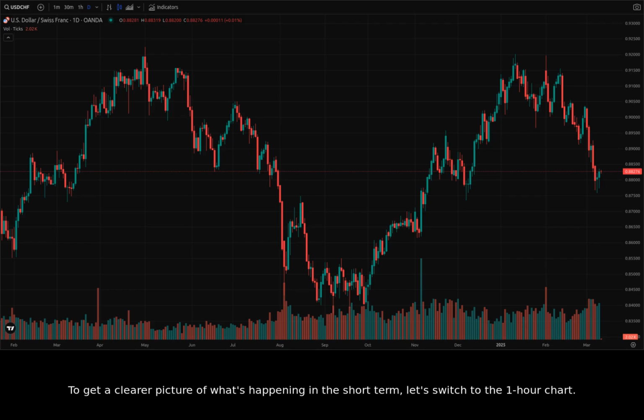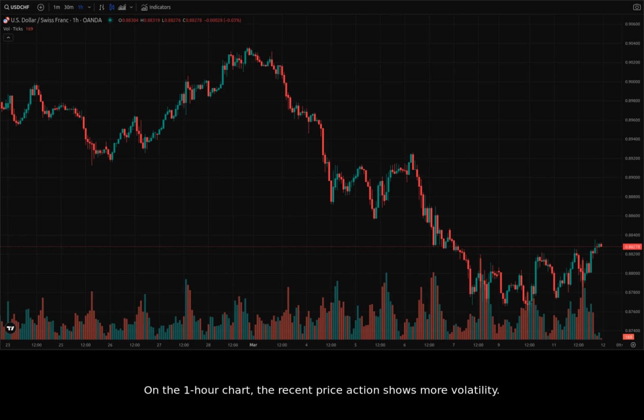To get a clearer picture of what's happening in the short term, let's switch to the 1-hour chart. On the 1-hour chart, the recent price action shows more volatility. The pair initially fell from the 0.883 range on March 6th to the low 0.876 range on March 7th.